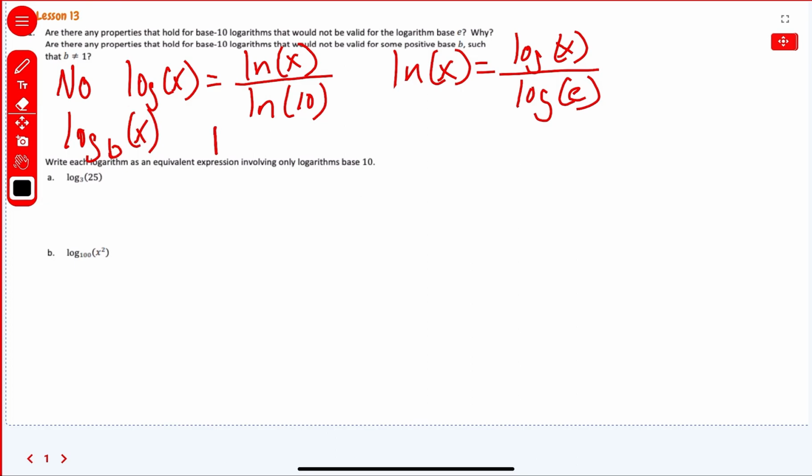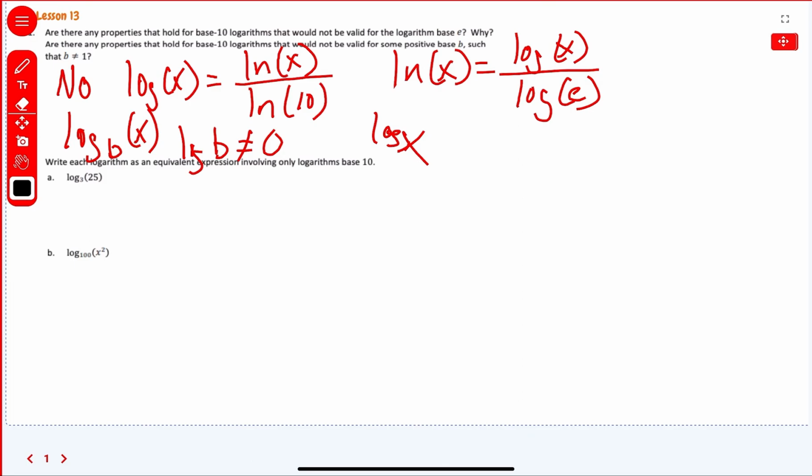Well, b cannot be 0, right? But that's no problem there. The problem happens when b is equal to 1. So that would happen when you would have something like log base 1, and that's not a valid log. You can't have a log base 1. Okay?